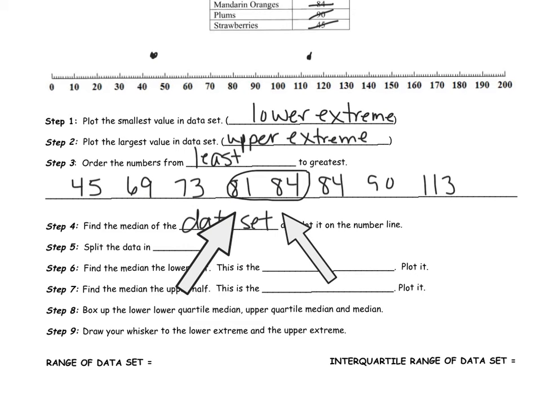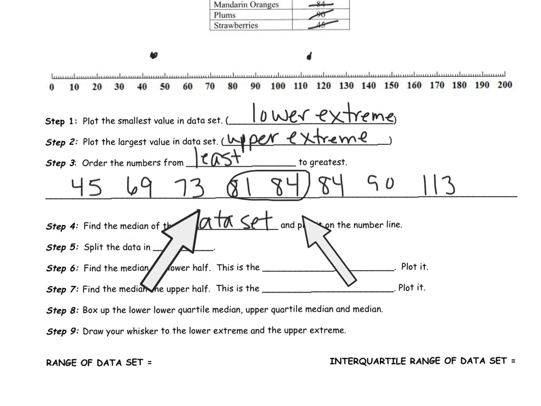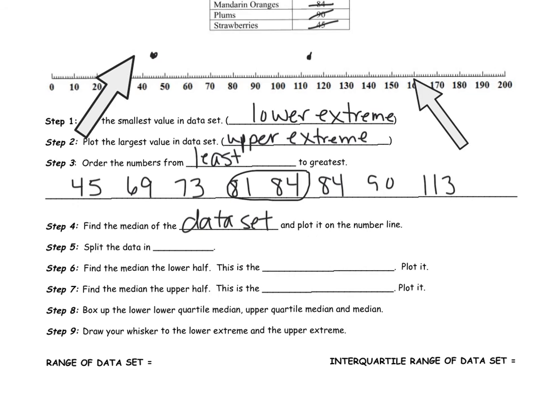When that happens, I'm going to have to find the average. You've done this before: 81 plus 84, divided by 2, which gives me 82.5. So 82.5 is going to be my median. I'm going to come up here to the number line and plot my median.